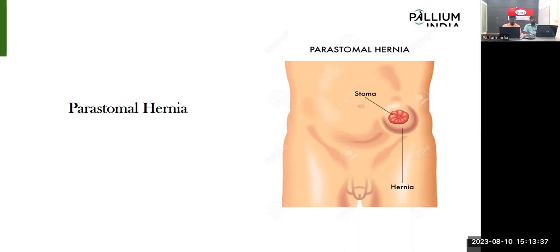At that region, bowel content may collect like a pocket formation, or the abdominal muscles around the area are very weak. Already the continuity of the muscle is loosened due to the surgery. So in the surrounding area, the inside part can herniate. There is a chance, so this parastomal hernia will occur.